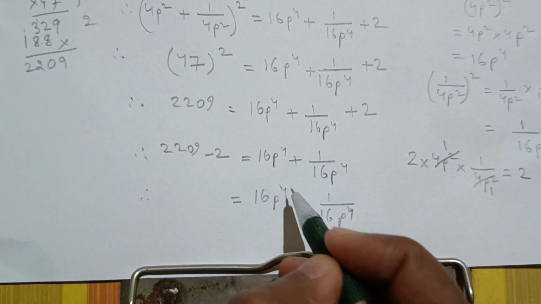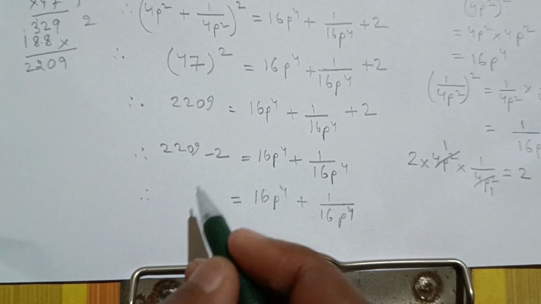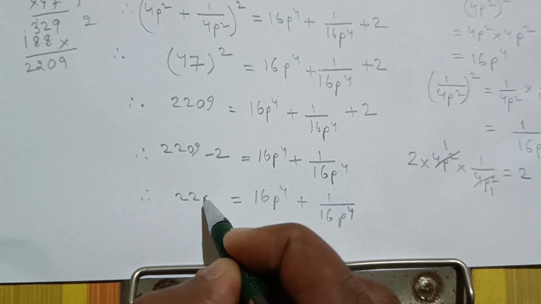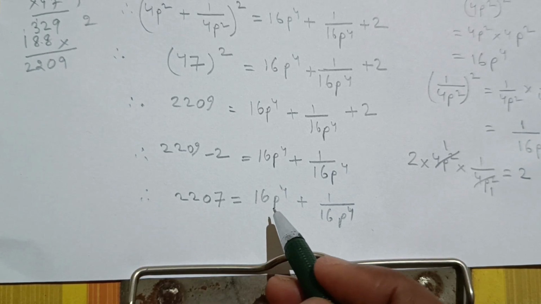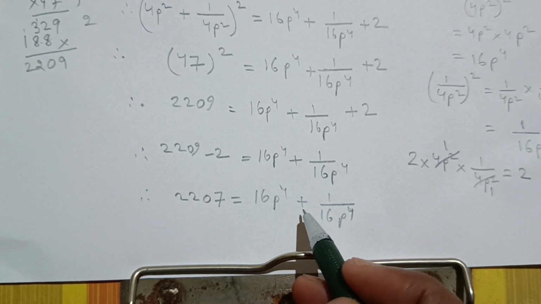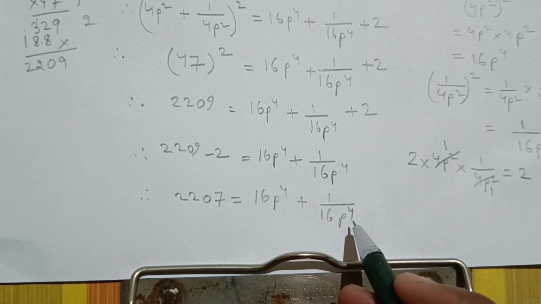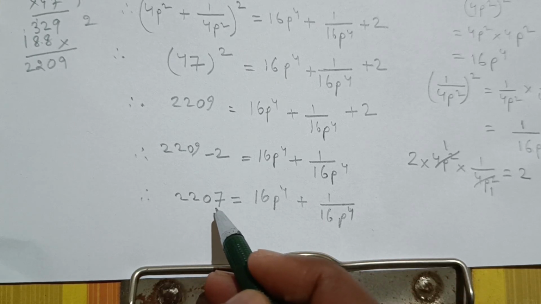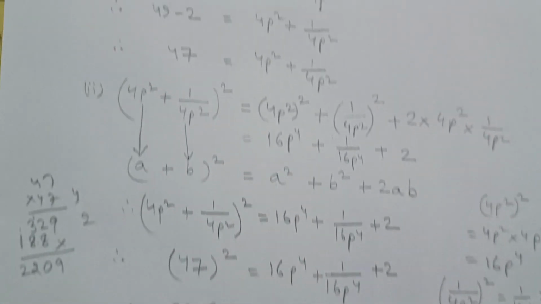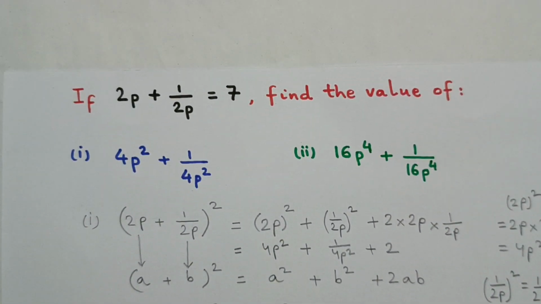What is 2209 minus 2? It is 2207. So the value of 16p⁴ plus 1/16p⁴ is 2207. And with that, I have solved question number 2 also.